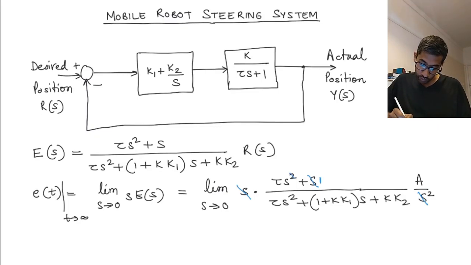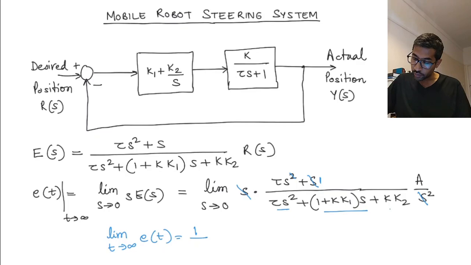For a ramp input, what is the limit as t tends to infinity of e(t)? Substitute s equal to 0 here, so you get 1 in the numerator, and in the denominator this becomes 0, this becomes 0, and you get k2. So the steady state error for a ramp input is 1 over k2.